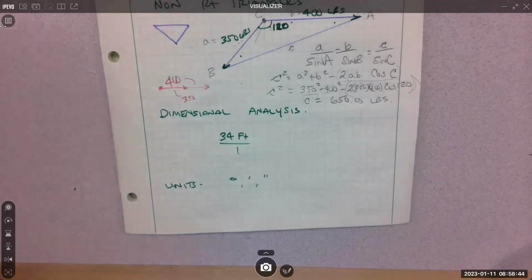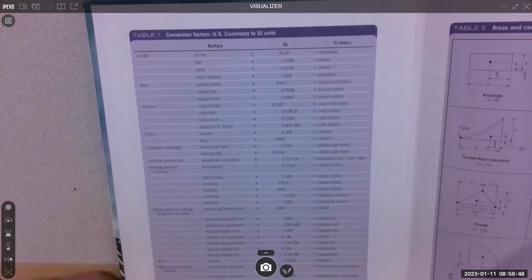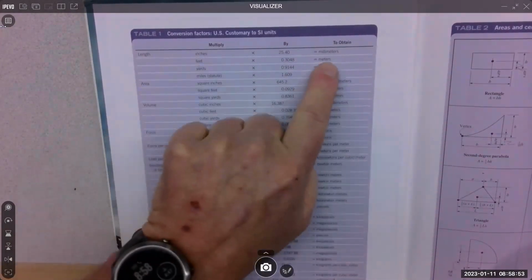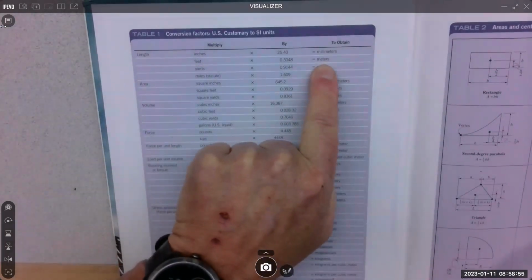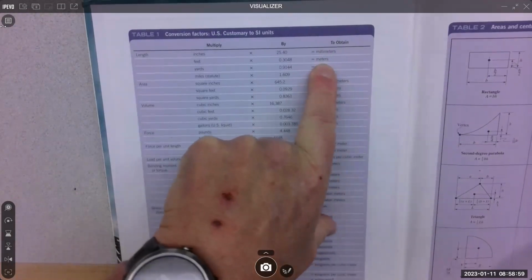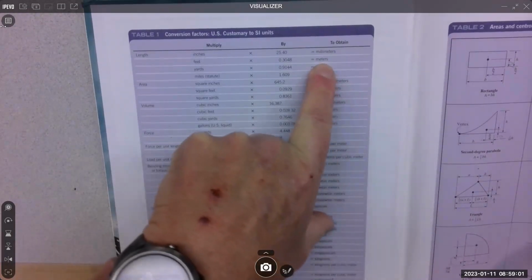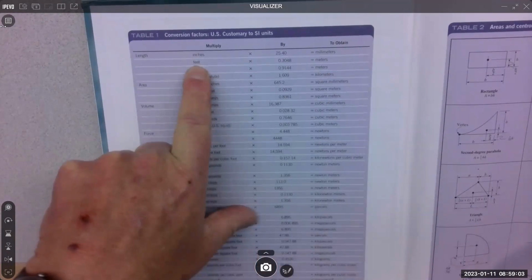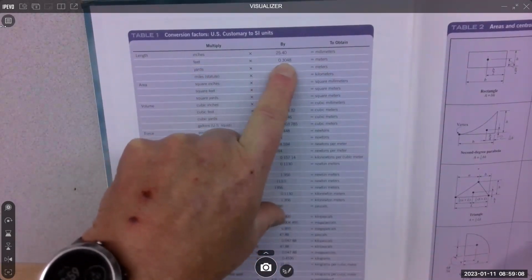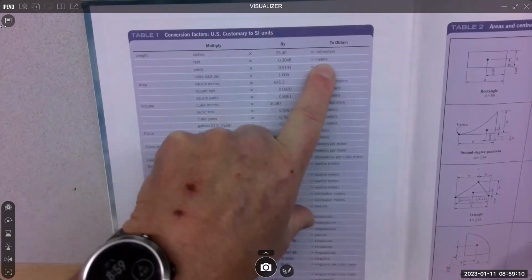Front cover of the book gives you that stuff. So if you wanted to know feet, you could get to meters. And then maybe if I get to meters, I could get to centimeters because I know there's 100 centimeters in a meter, right? So it says, if you have feet, you multiply by this 0.3048 to get meters.